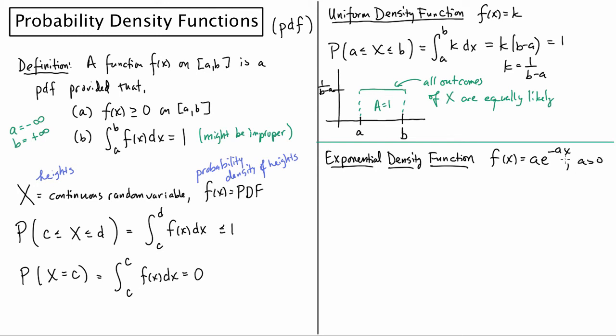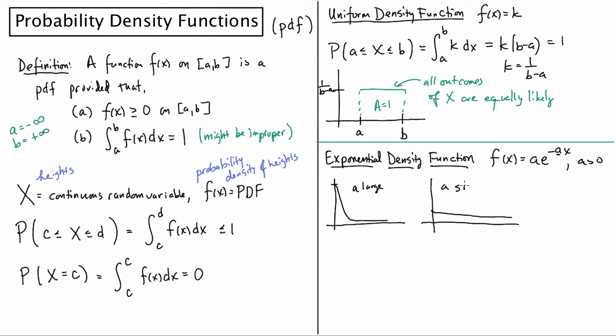So a could be a lot of different values here. Let's look at a graphical example of this. If a starts out really big, then the rate of decay is going to be really fast. So if a starts really big, it's going to decay really fast to 0. So this is for a large. But if a is really small, then the rate of decay is not very fast, and so it might be something like this.